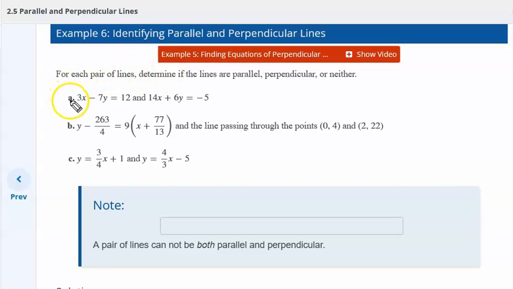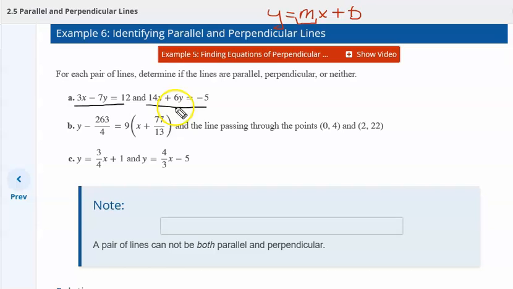Well, in example A here, both of these are in standard form. And let's go back to red. We'd have to put them in slope-intercept form, y equals mx plus b, so we can easily compare the slopes.